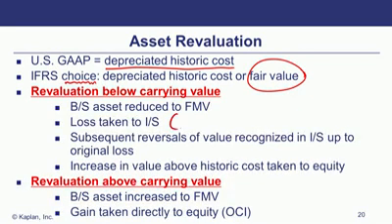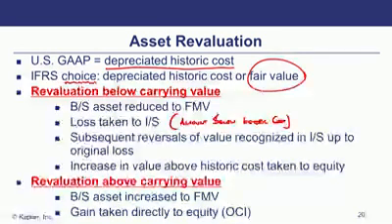Let's just be careful: the amount below historic cost hits the income statement. Now, if in subsequent periods the fair market value of the asset recovers and goes above historic cost, then we can reverse the amount of the loss that had gone through the income statement.